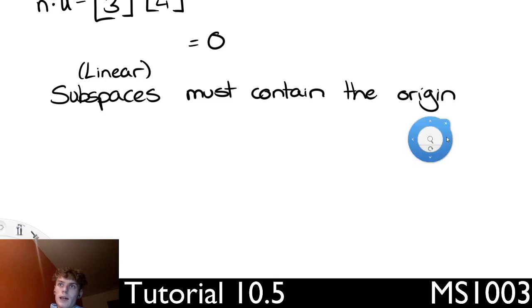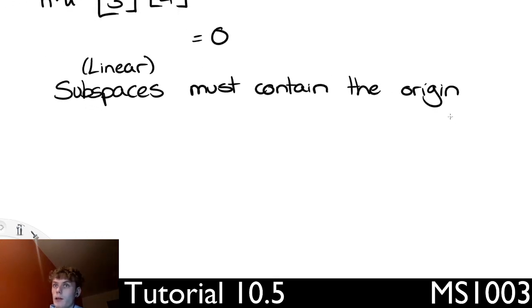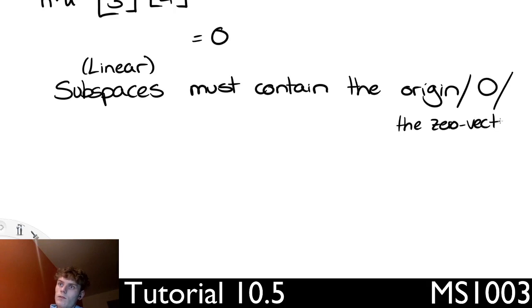Okay, and you can frame this in multiple ways. They must contain the origin, slash they must contain 0, slash they must contain the 0 vector. Strictly speaking, I guess the 0 vector is the best way to describe it in linear algebra, but you get the idea. For it to be a subspace, it has to have 0, amongst other things, but to be a subspace at all, you have to have 0.